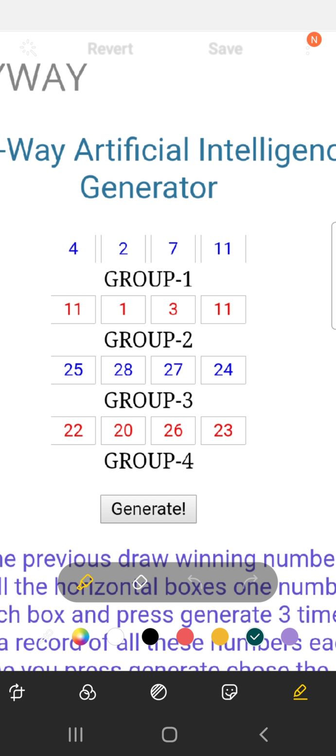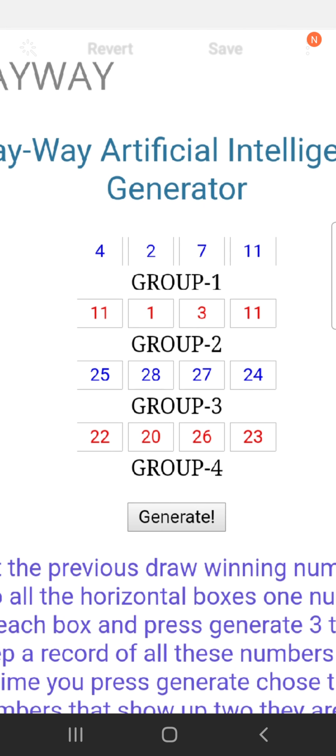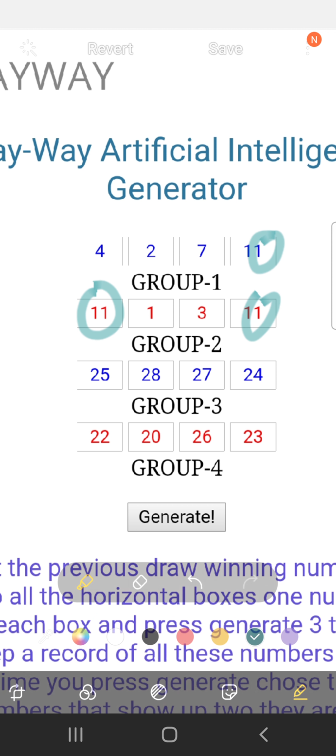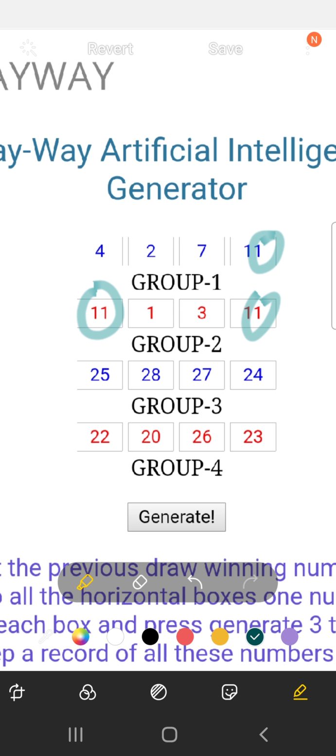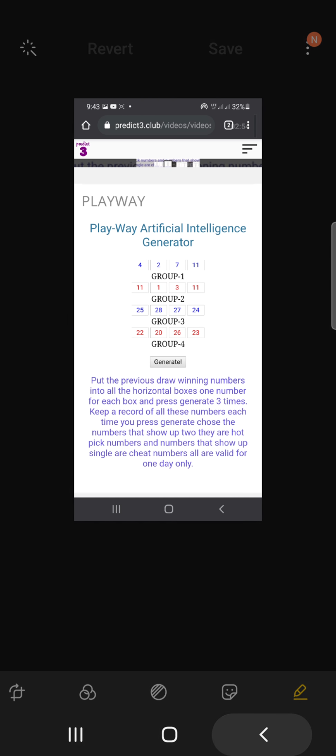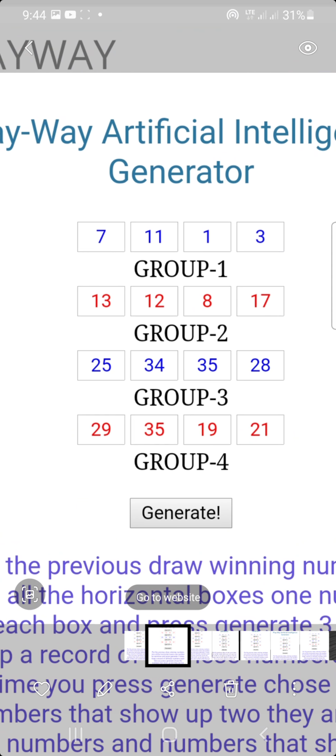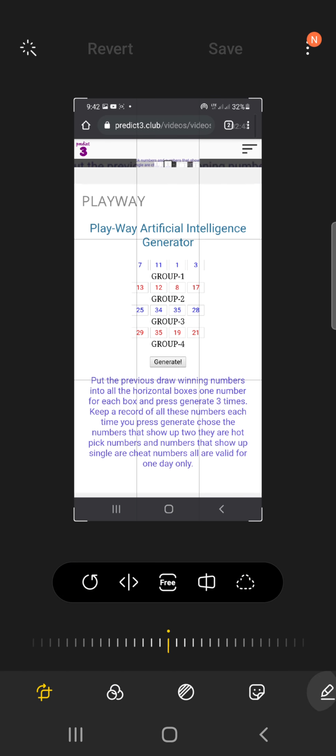Let me give you an example. So take for instance, right? I see here 11 right here, 11 here, and 11 here, right? That shows up 3 times right here. But now, because I've seen it again, here you see we have 11 there right next to the 7 up here, right?